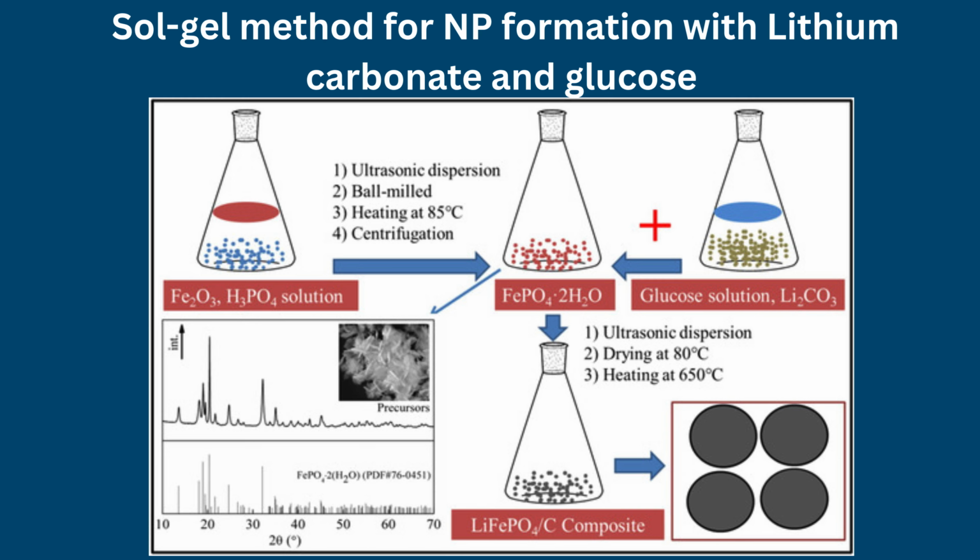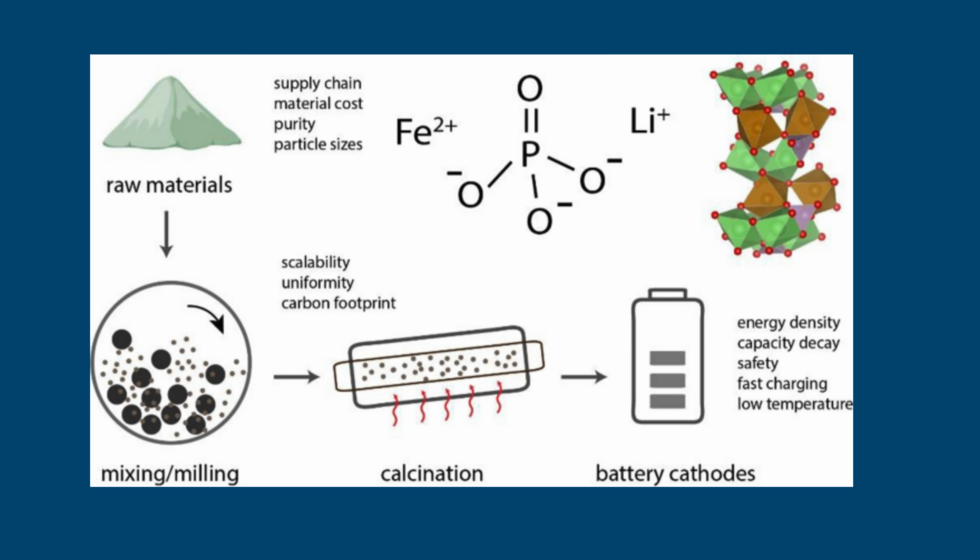For lithium iron phosphate, the combination of Sol-gel and hydrothermal methods significantly improves material properties. The Sol-gel step ensures molecular-level mixing and compositional homogeneity, while hydrothermal treatment enhances crystallinity and particle morphology.